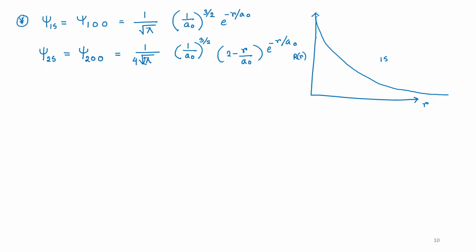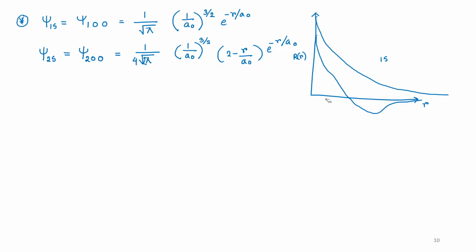So it will first have a decay, maybe with different amplitudes, and it will come down as an exponential function, and then asymptotically be 0.